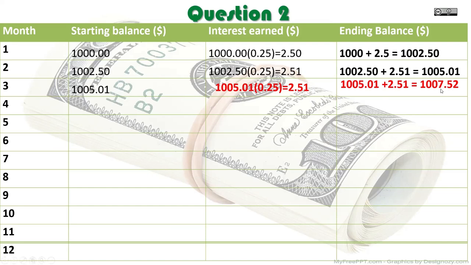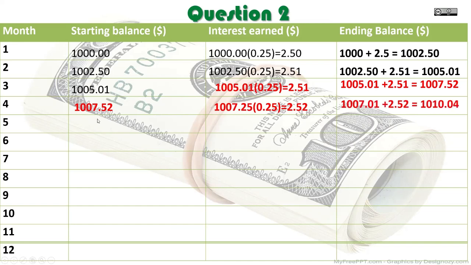and we end up with a new amount, $1,007.52. So then we have, for our new starting balance in our fourth month, $1,007.52. We go through the same type of calculations that we just did, and we end up with the interest as $2.52.